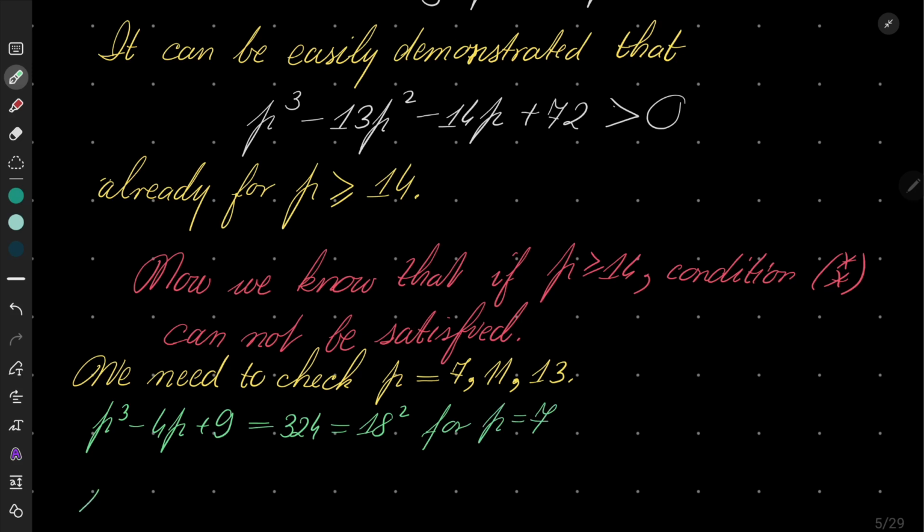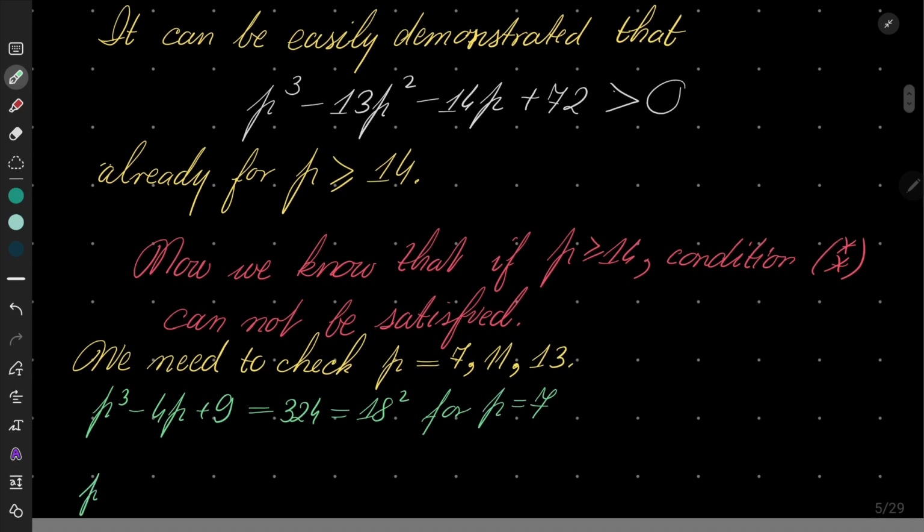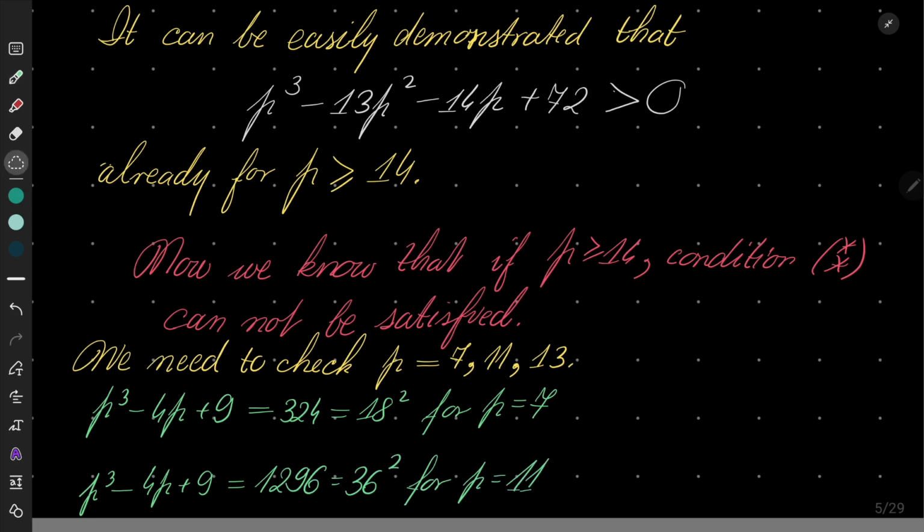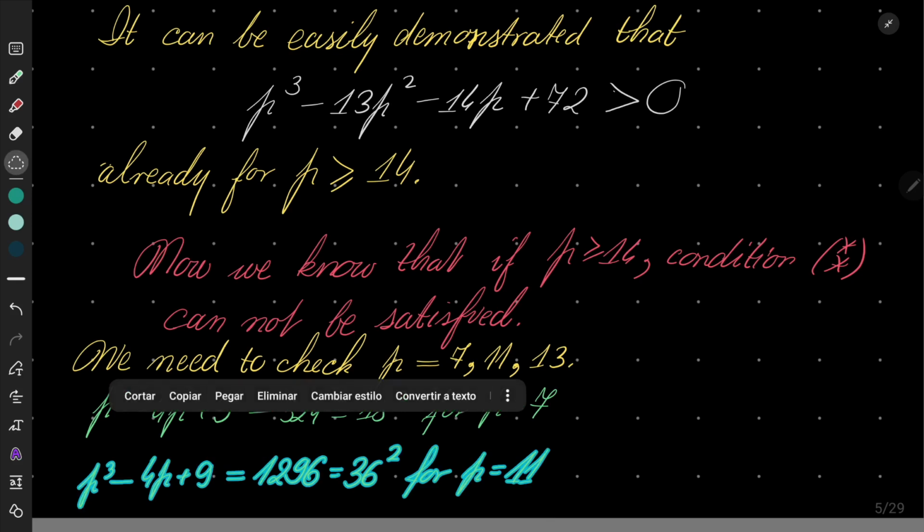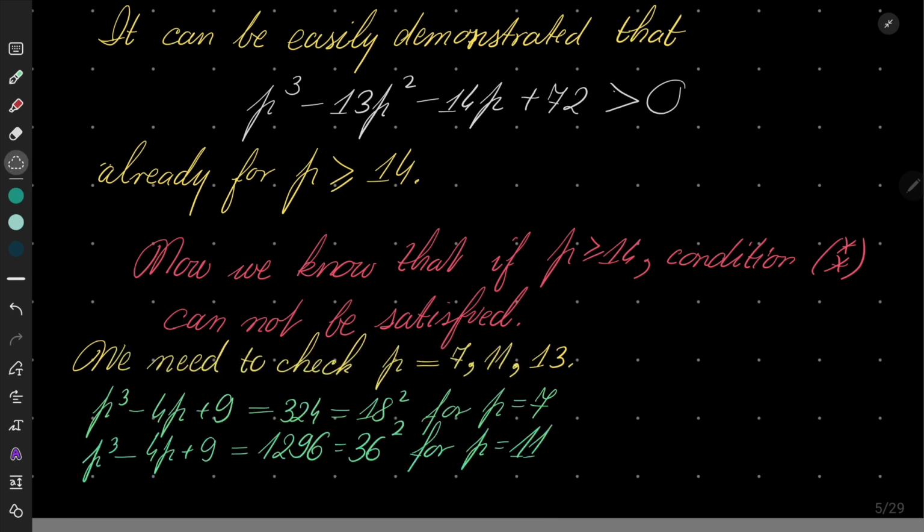This expression also is a square, namely 1296, which is 36 squared, for p equals 11. Put it here. I want to fit it in this page.